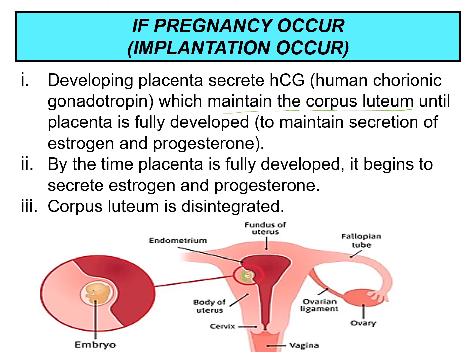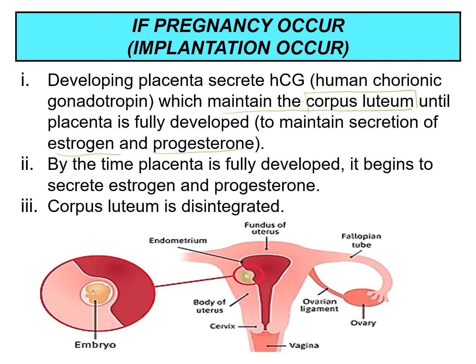Sebab tadi kalau tak ada fertilization, corpus luteum tu tak ada apa-apa yang boleh maintain dia punya struktur. Jadi dia akan kecut, dia akan disintegrate. So since there is pregnancy, the developing placenta will secrete HCG that will help to maintain the structure of the corpus luteum. Since the corpus luteum is still there, it will continue to secrete estrogen and progesterone.